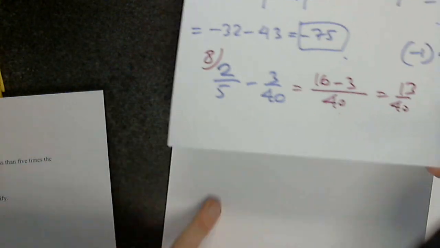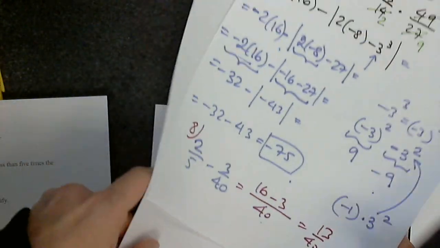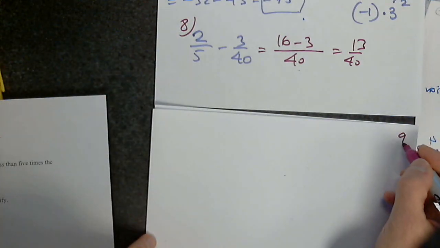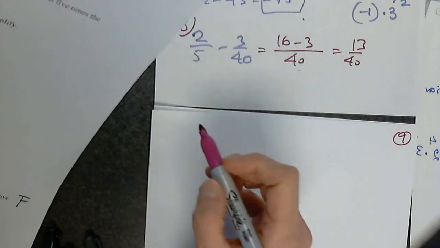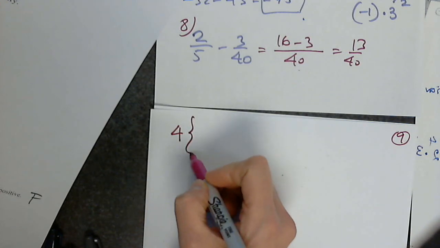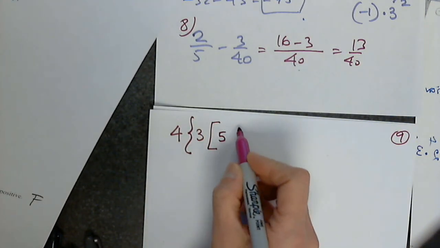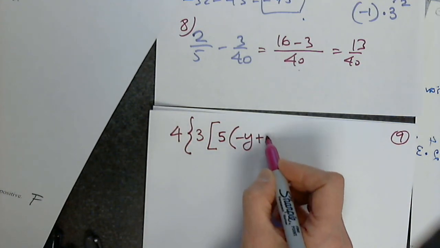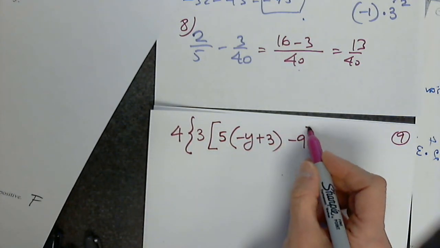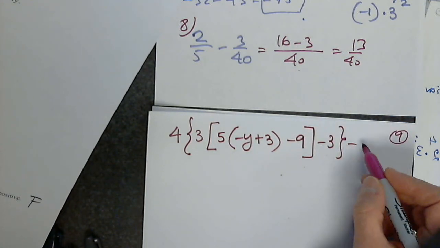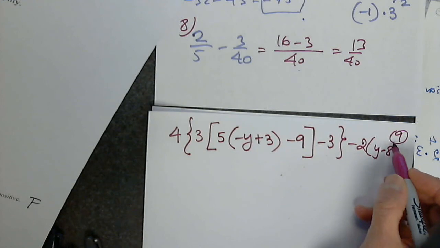So now let's write this long expression with a lot of grouping symbols in it. So here it is. 4, braces, 3, bracket, 5, parentheses, negative y plus 3, minus 9, close the bracket, minus 3, close the braces, minus 2, y minus 8.